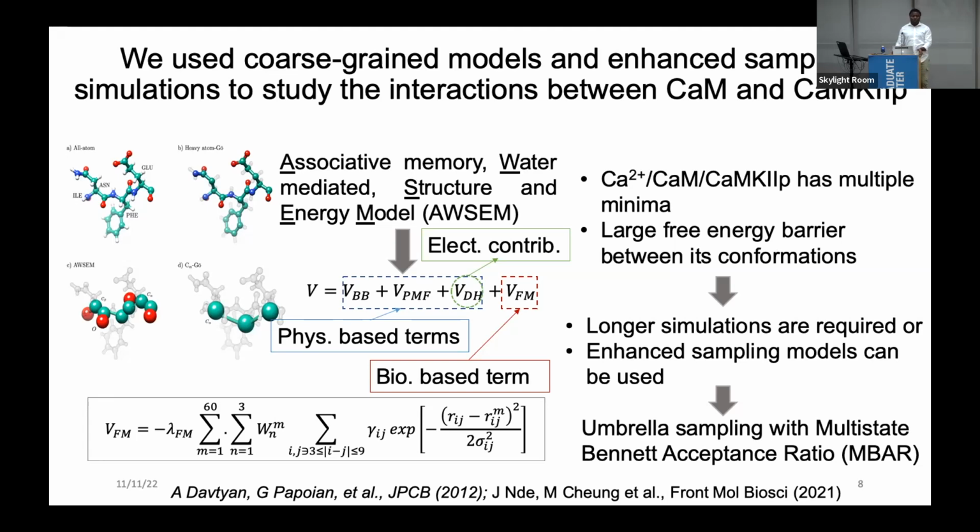In order to avoid that, we use enhanced sampling based on umbrella sampling, and we further use the multistate Bennett acceptance ratio to group the data for further analysis.